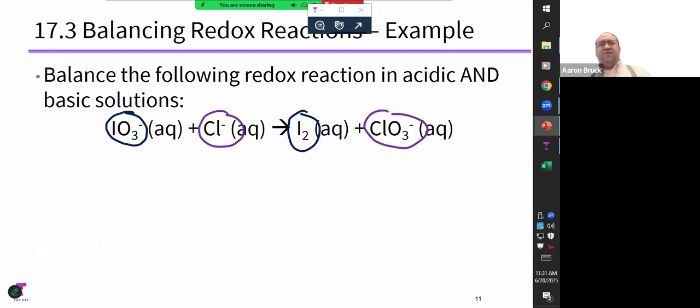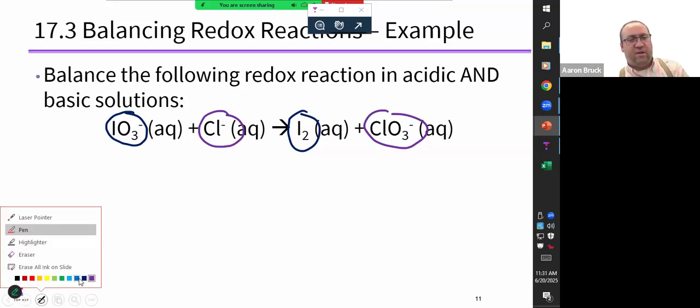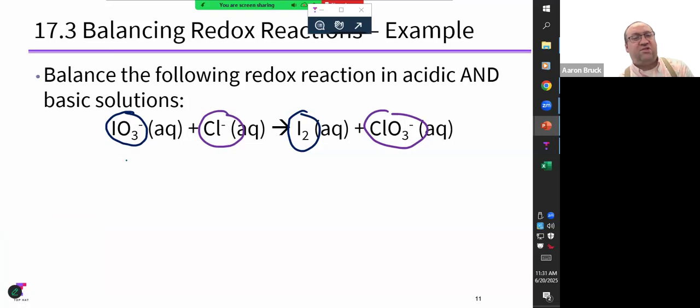Again, the root is the same in terms of they both have chlorine. So that's going to be my other one. So for the first half reaction, I have the iodate ion that I am turning into iodine. So there's my first half reaction.